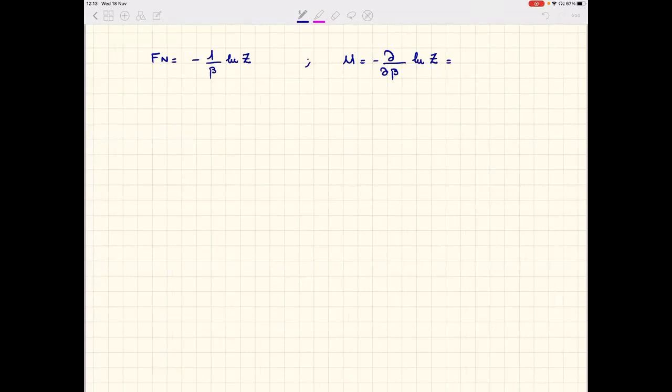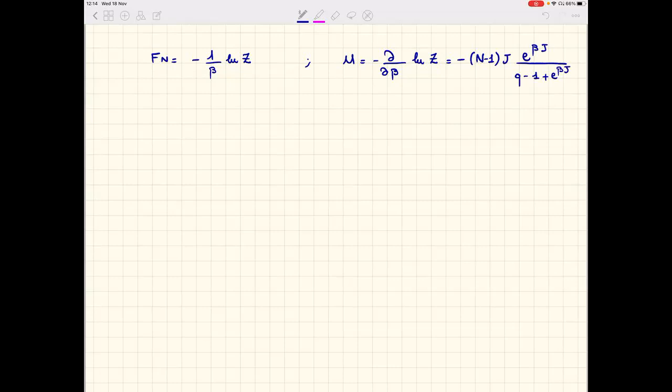You will get minus n minus 1 times J times e to the beta J divided by q minus 1 plus e to the beta J. So this is the result of the calculation.